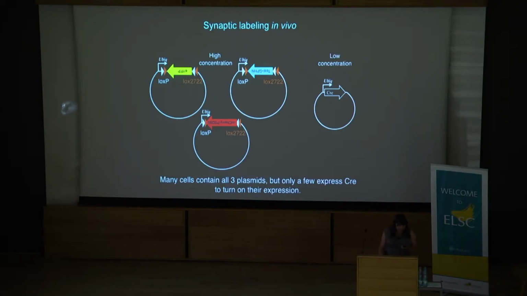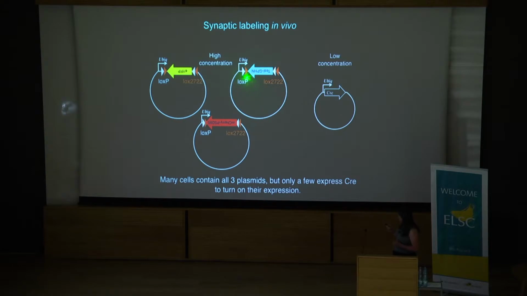The way that we approached this was we developed a method to do wholesale synaptic labeling in vivo. This is the only molecular biology slide, I promise. It's a three-color system. In a minute you'll understand why these are upside down. We use YFP, yellow fluorescent protein, as a cell fill.